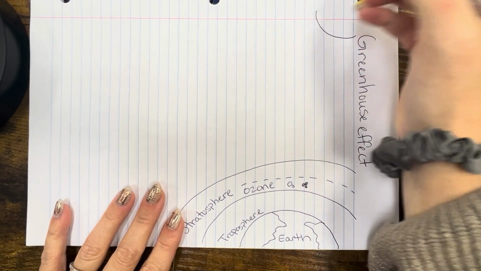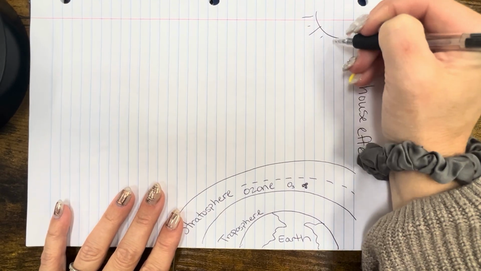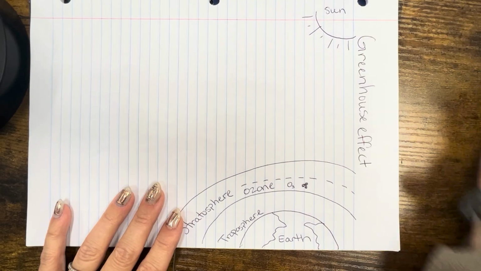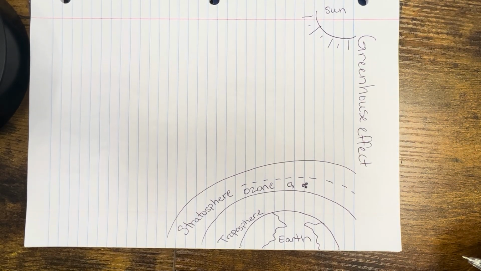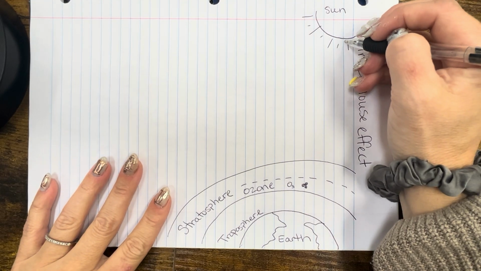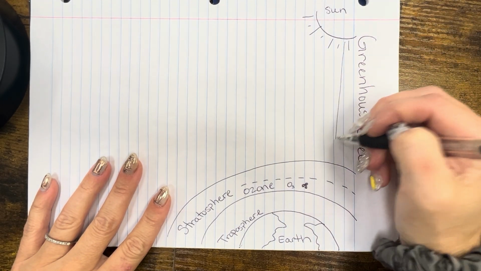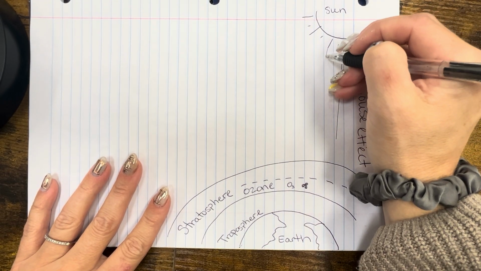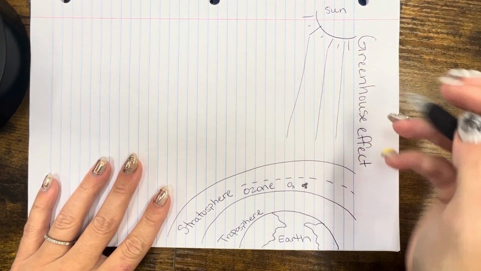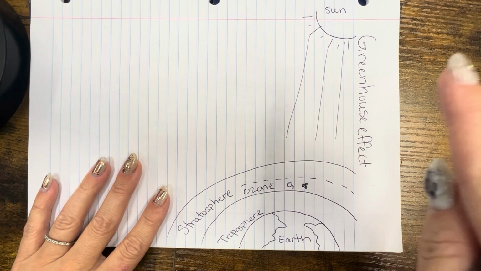All right, now, the next part of this is we need a sun. Our sun, way out here. Okay, this is the sun. And we know that that sunlight shines. We have some of these sun rays shining down, all of this electromagnetic light.